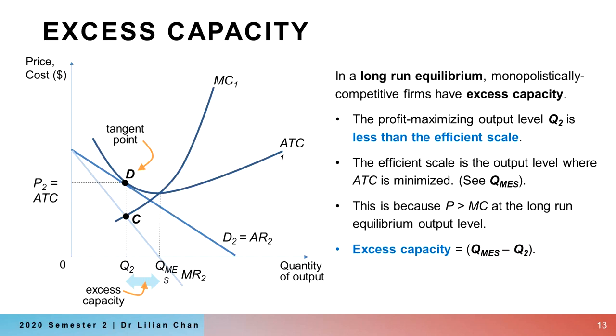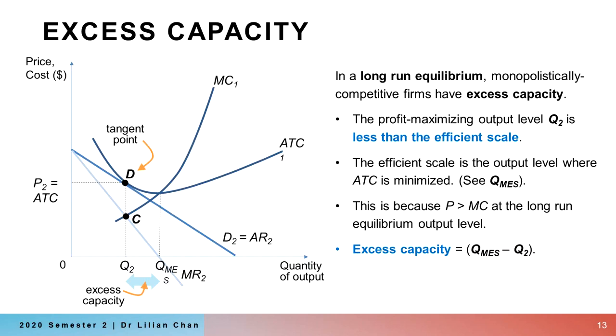Right, so the output level produced by the monopolistically competitive firm is Q2 in long run equilibrium. We're not talking about short run, because short run equilibrium is not sustainable. It will change. So long run equilibrium is the one that we want to refer to. So long run equilibrium output level is Q2, right? And it's stable there because it's a long run equilibrium.